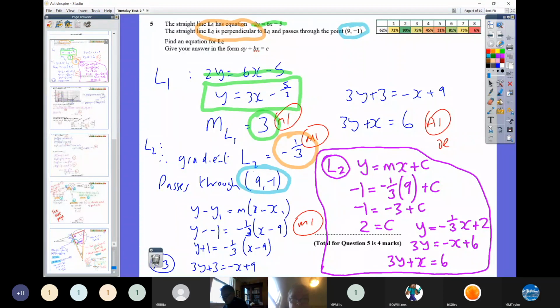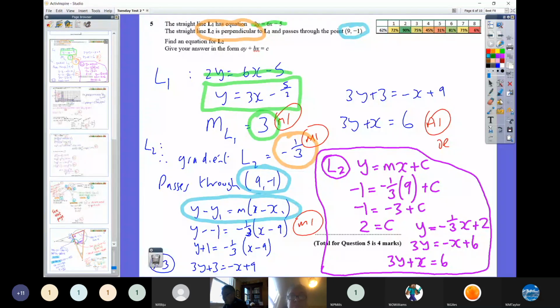If you use your y minus y1 formula, which I'm just circling in light blue now, you substitute in the coordinate 9, minus 1. So y minus y1, that's going to be y minus minus 1. That equals minus a third, open bracket, x minus 9.